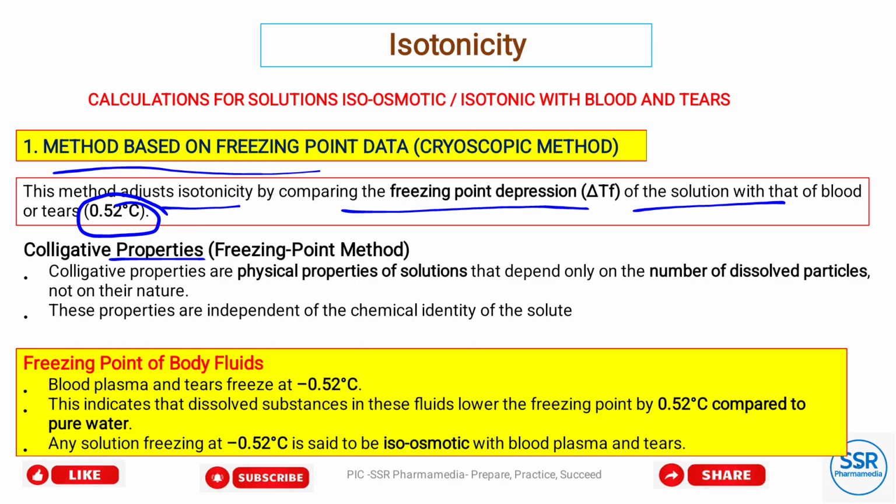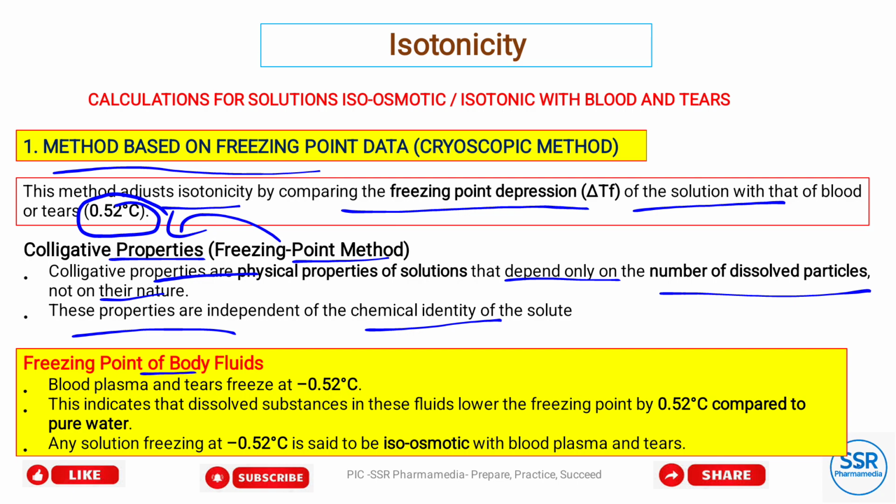Freezing point depression is one of the methods of colligative properties. Colligative properties are the physical properties of a solution that depend only on the number of dissolved particles, not on their nature. These properties are independent of the chemical identity of the solute.